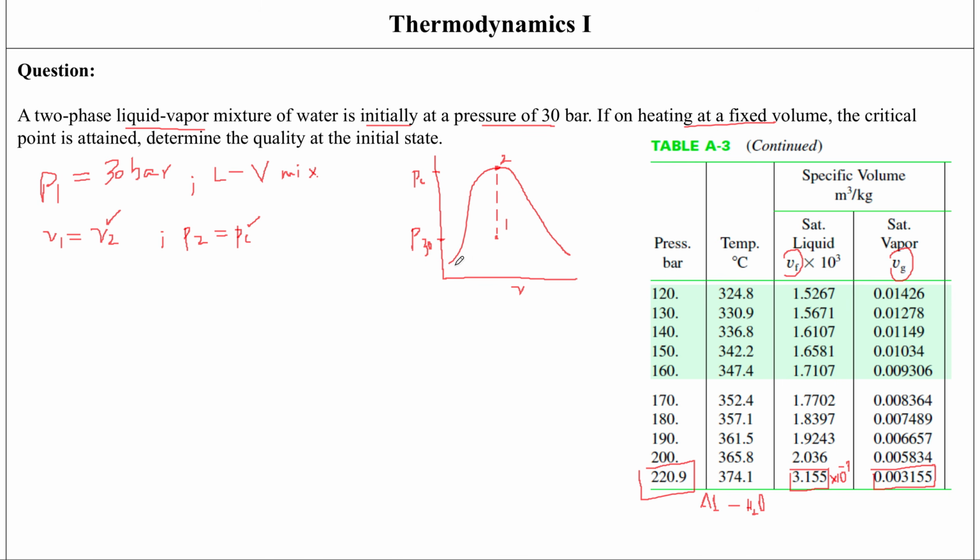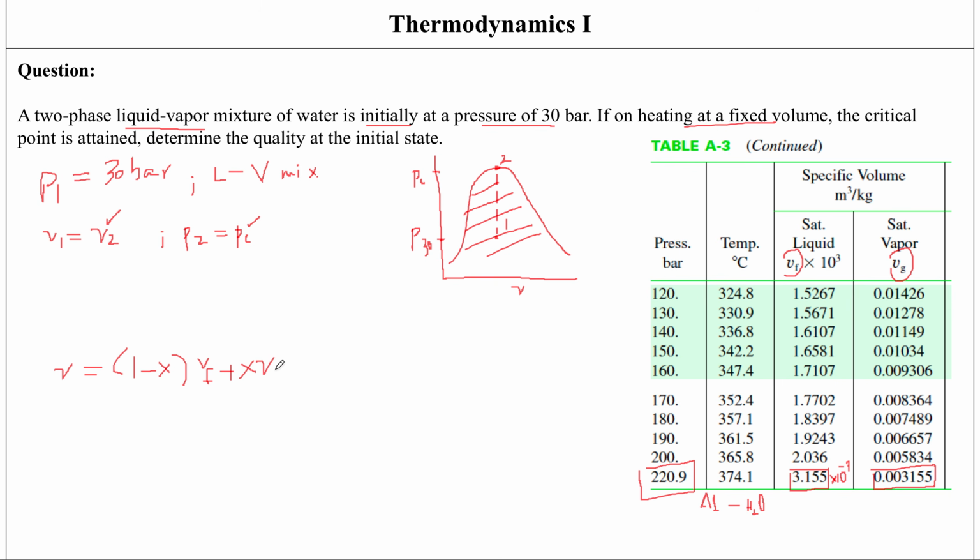So usually when we are under the dome, in this region, we apply the formula to find a specific volume in terms of quality: v = (1 minus x) times Vf plus x times Vg.